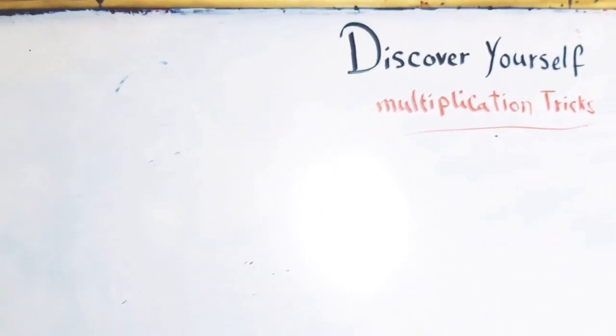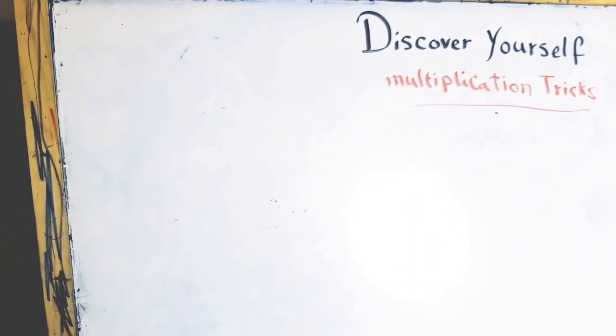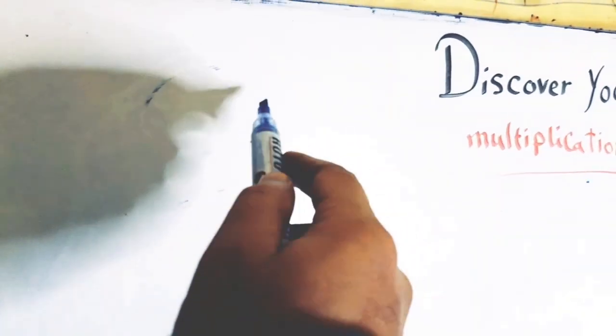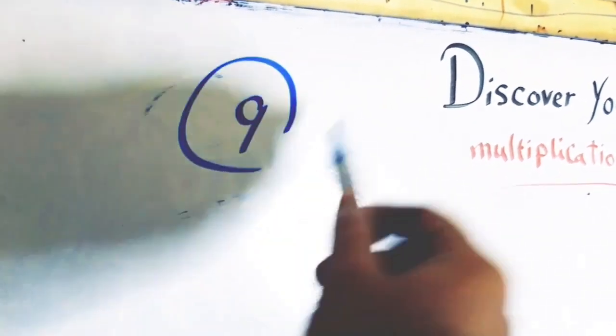Okay, the second trick is related to multiplying any number by 9.